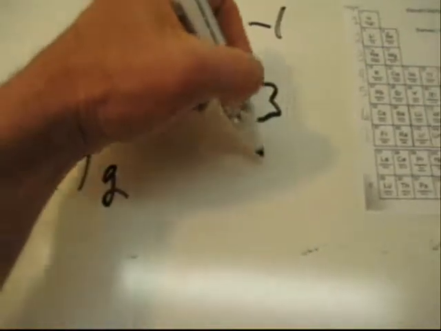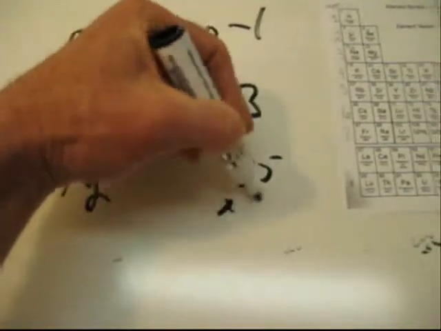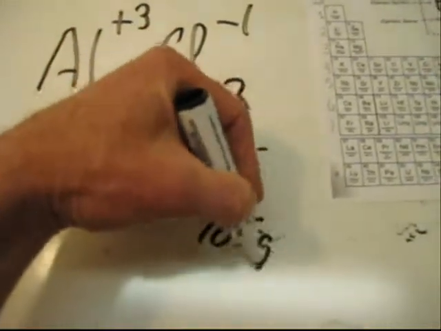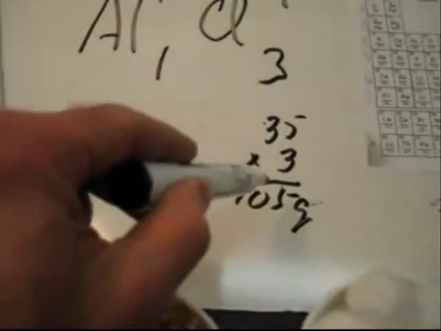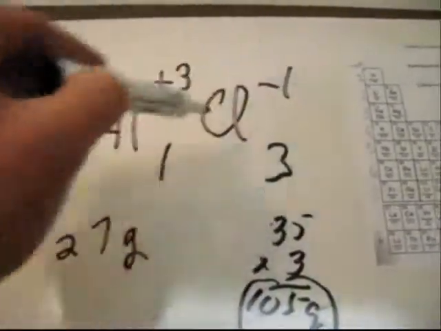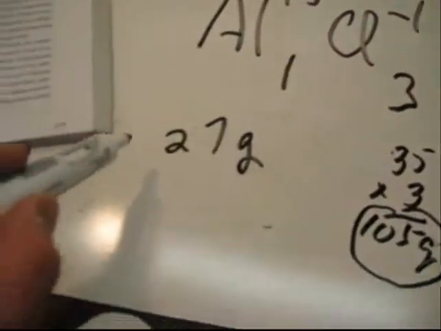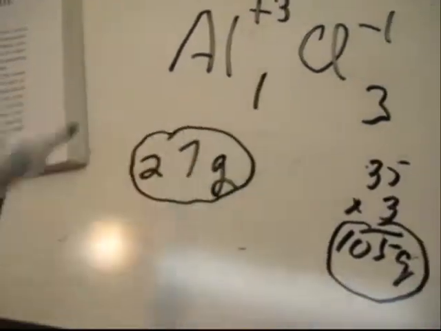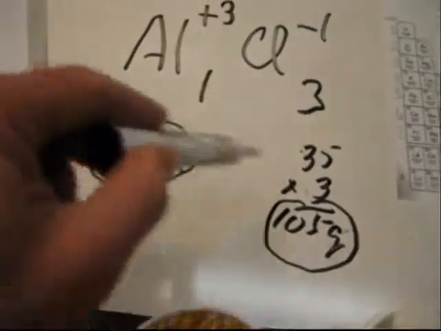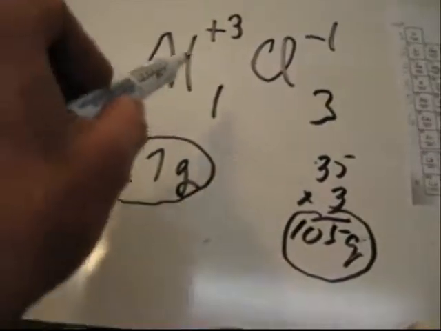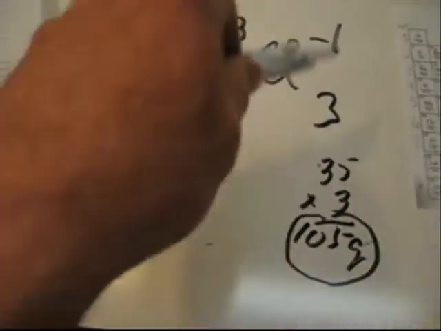Each one weighs 35, so we take 35 times 3, which is 105. So we would need approximately 105 grams of the chlorine atoms and 27 grams of aluminum, and together we would have the right combination of atoms to create the stable compound aluminum chloride.